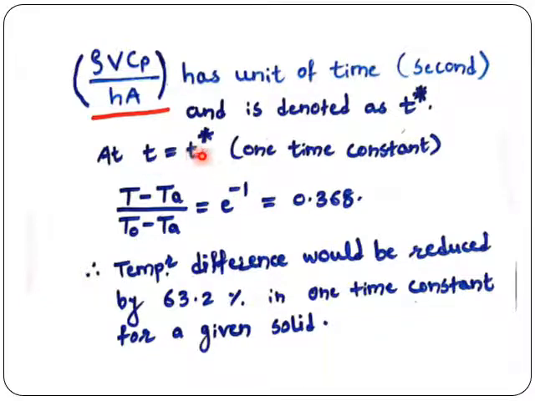If t is equal to t prime, it becomes e raised to minus 1, which comes out to be 0.368. This means the temperature difference is reduced by 63.2% in one time constant. So to achieve this 63.2% of the initial temperature difference, you will require one time constant for a given solid.